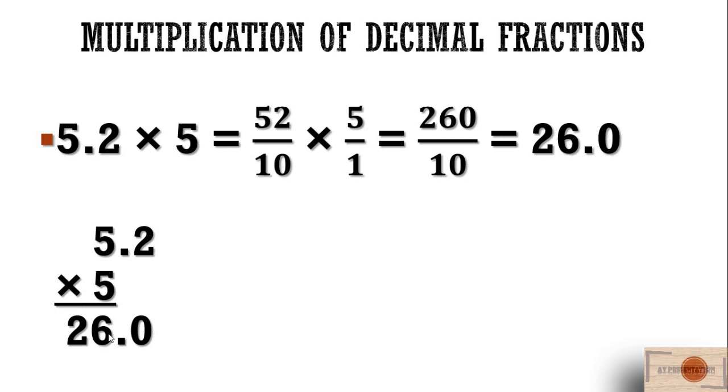Then 260, and observe both numbers. There is only one number that is a decimal fraction, and after the decimal point there is one digit. So leave one digit and give a decimal point.